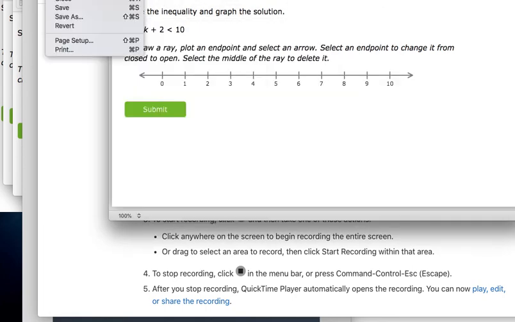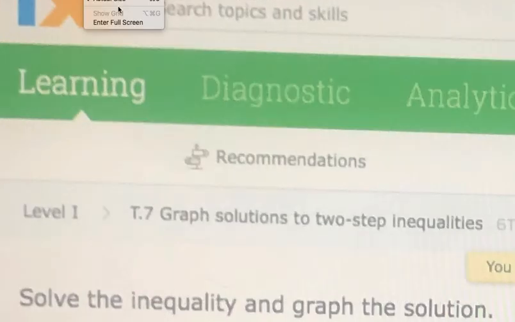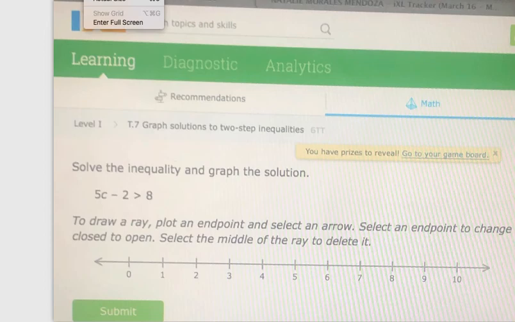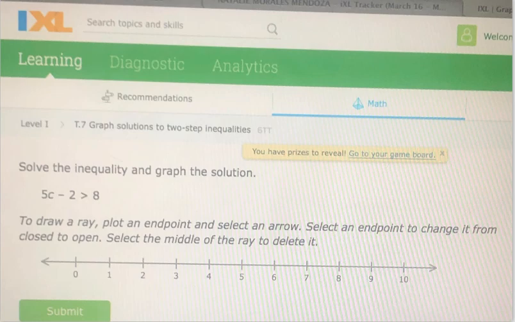Remember, we simplified it using our two-step inverse operation, and we're left with c greater than 10. Oh, sorry. c greater than 2.